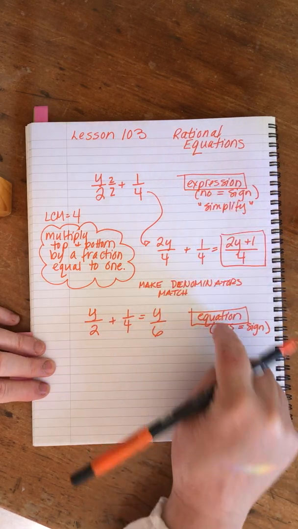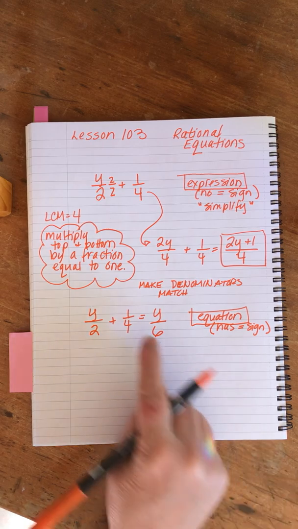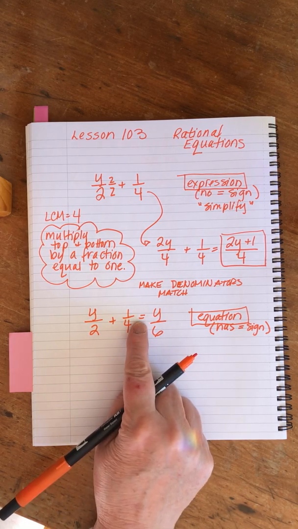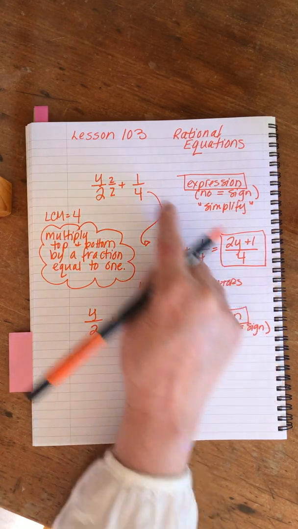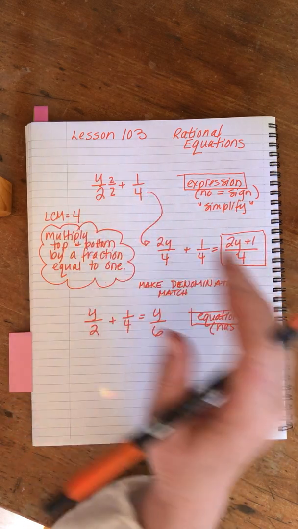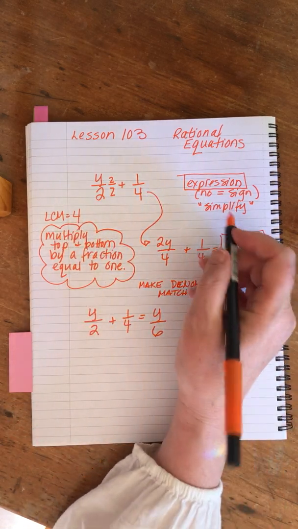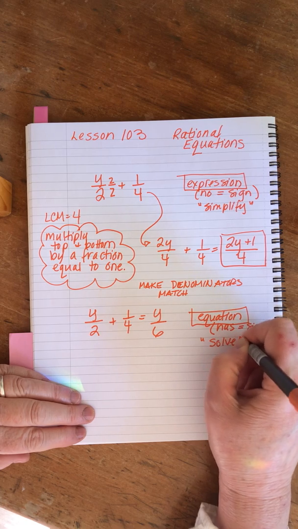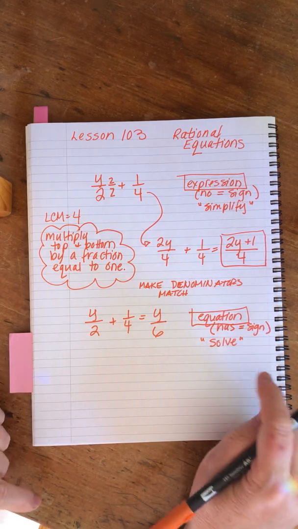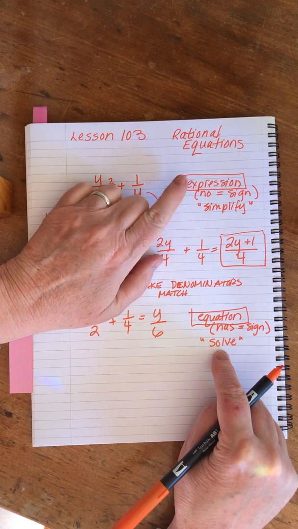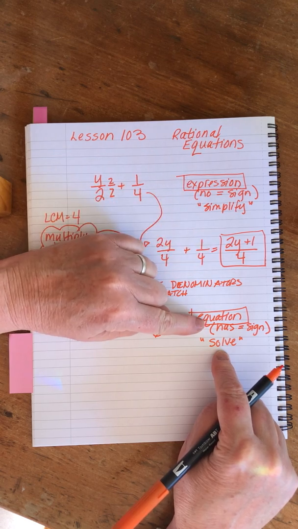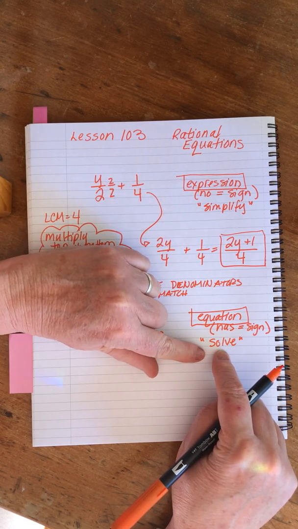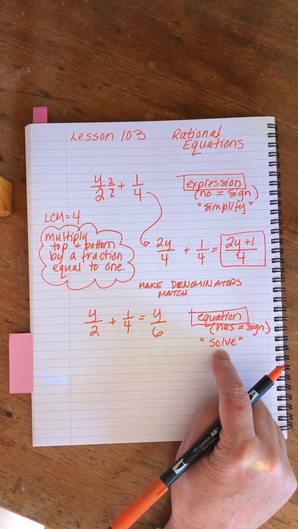So the difference between an expression and an equation is, does it have an equal sign or doesn't it? And this one, even though I added one here, it doesn't up here. We're not solving in that respect. We're simplifying. With an equation, we solve, okay? So the instruction very often tips his hand to you whether you have an expression or an equation, because he'll say simplify or solve. Good to know.